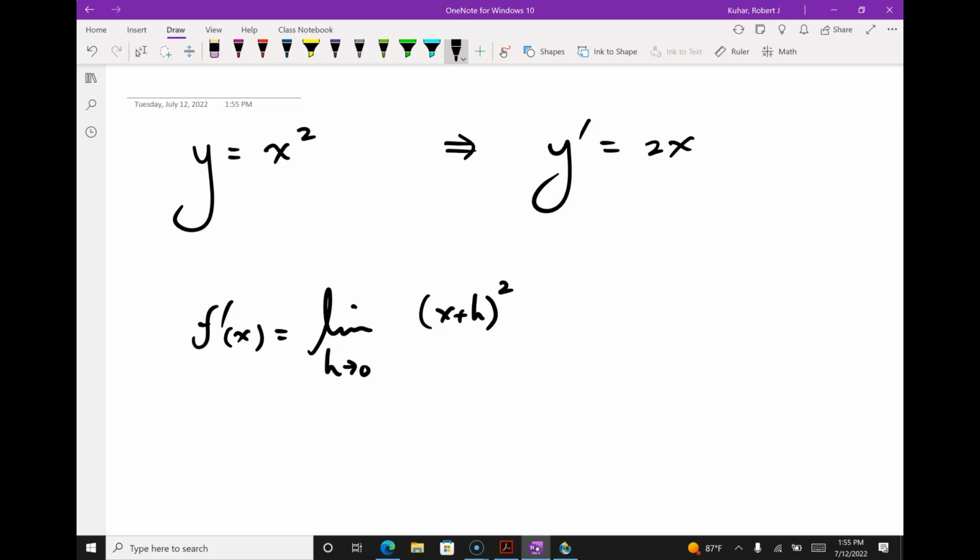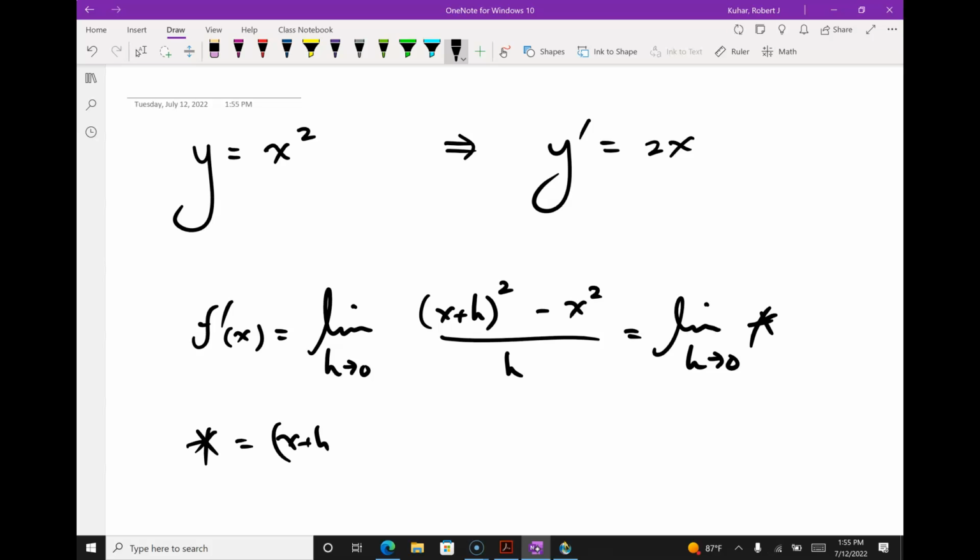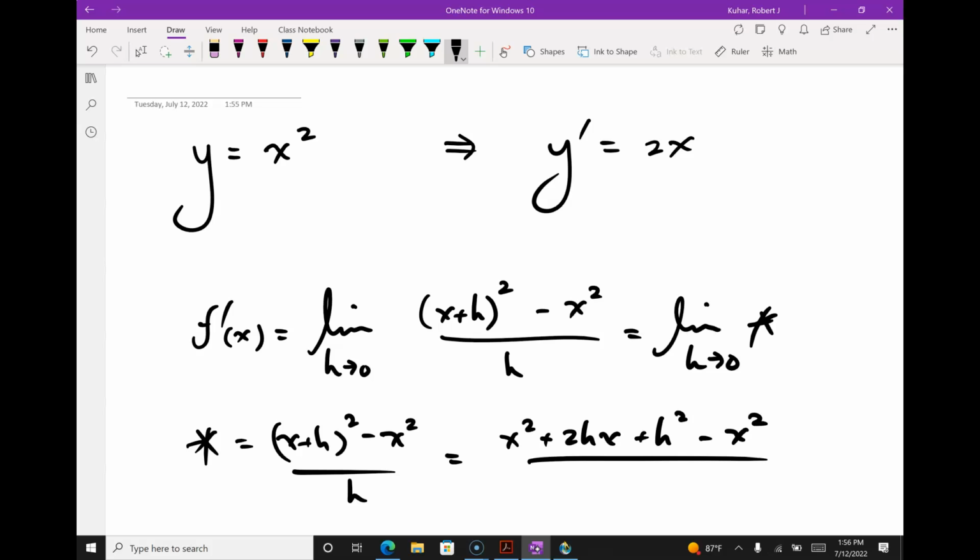That's x squared, right? But I put in x plus h, minus an x squared, all over h. Is this okay? Everyone okay with this? So star is x plus h quantity squared minus x squared, all over h. I get x squared plus 2hx plus h squared minus x squared, all over h. I just FOILed that piece out in my head.